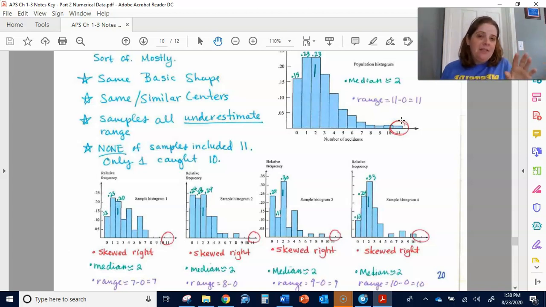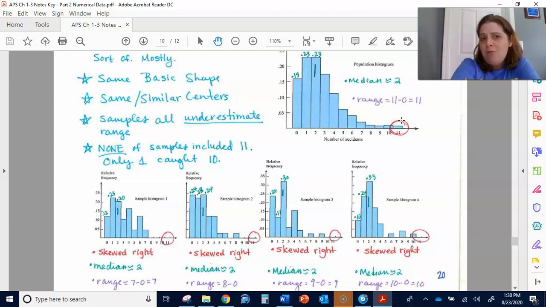Absolutely, but it doesn't. So if you're not getting the extreme values in every sample, that means that your range number is always a little too small. Or if you're not getting that maximum and minimum value, your standard deviation calculation is always going to be a little too small. It's not going to include those biggest differences that exist there.